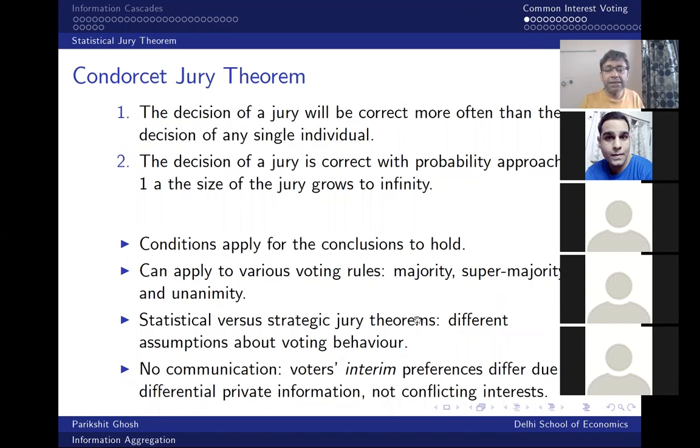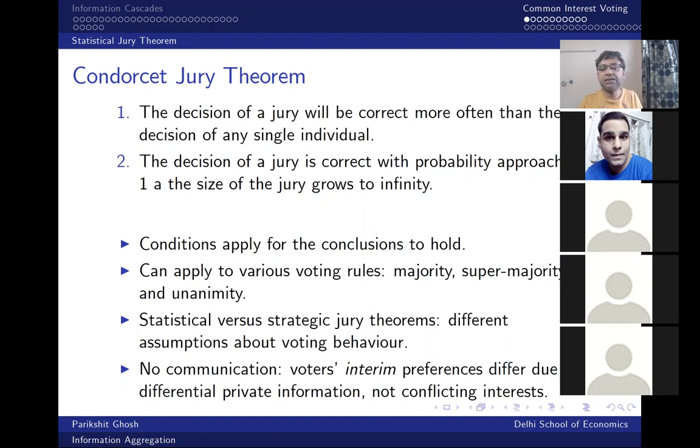Now, as we study this, the early literature studied statistical models, meaning that each juror was thought to have some exogenous probability of voting for the right thing. So let's say we are voting over free trade versus a protectionist economy, whichever is the better choice for us.